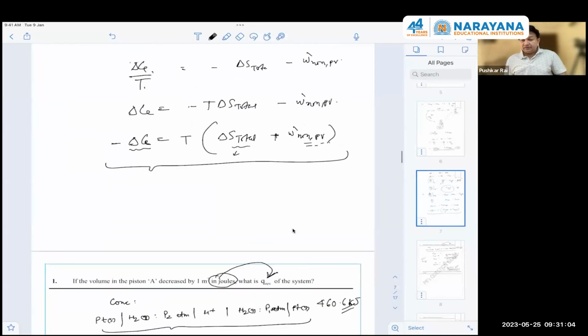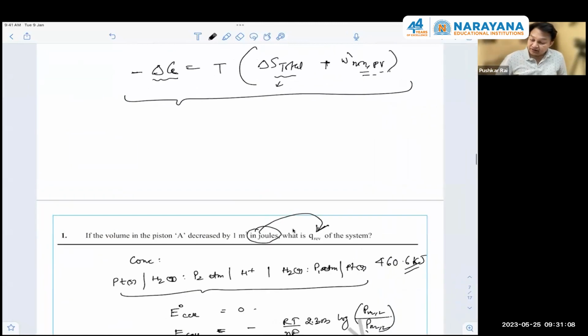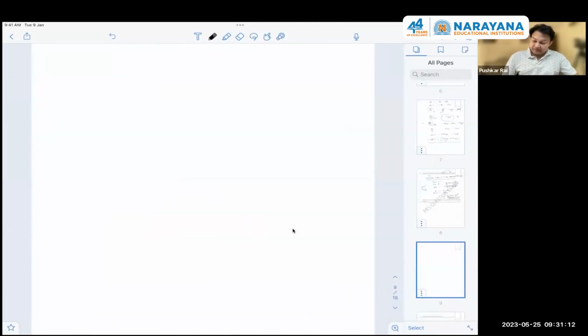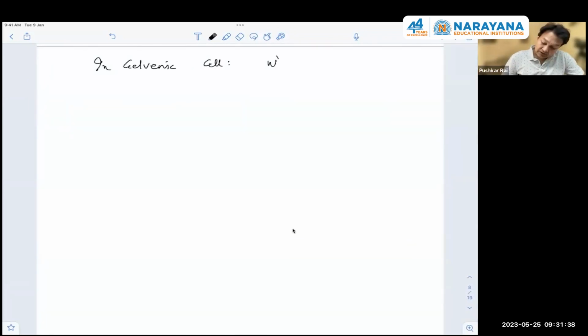So now the conclusions. From this it is concluded, a very interesting fact: W dash non-PV is not equal to 0. There is always some W dash non-PV which is not equal to 0.